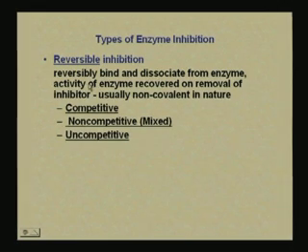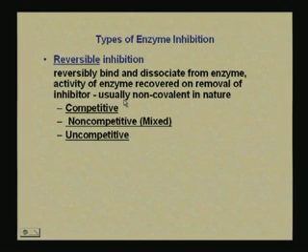Okay? And usually, in most cases, the activity of the enzyme is recovered on removal of the inhibitor. Okay? And the association, as we studied in the previous class, is usually non-covalent in nature.